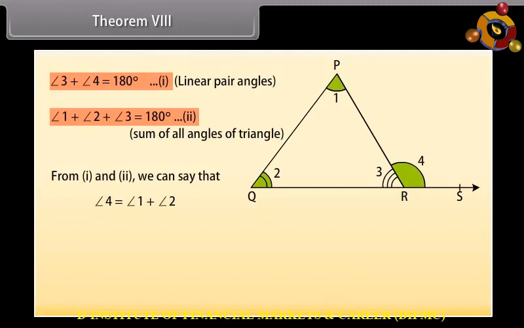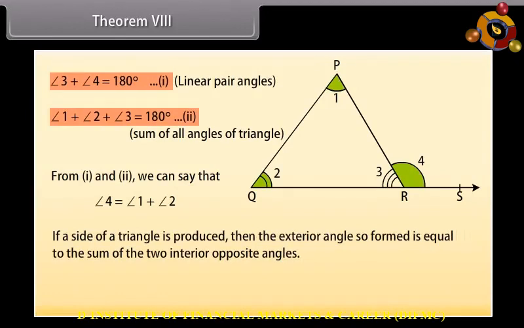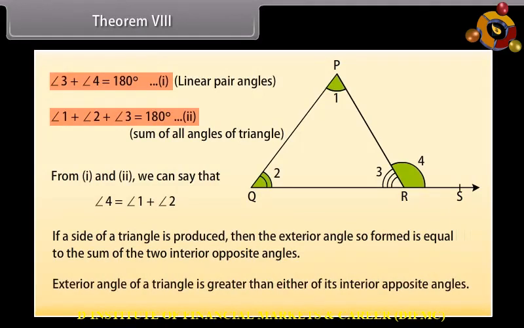This result can be stated in the form of a theorem which says, if a side of a triangle is produced, then the exterior angle so formed is equal to the sum of the two interior opposite angles. It is obvious from this theorem that an exterior angle of a triangle is greater than either of its interior opposite angles. Now let us solve some examples based on this theorem.